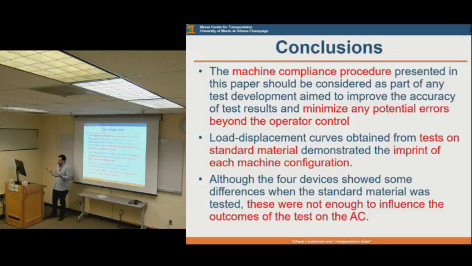When you take this together with the machine comparison, it tells you something good about this test, that it can be done with this machine or with that machine. That was the conclusion that we arrived at. This is the end of the presentation. If you have any questions, we can have them now.